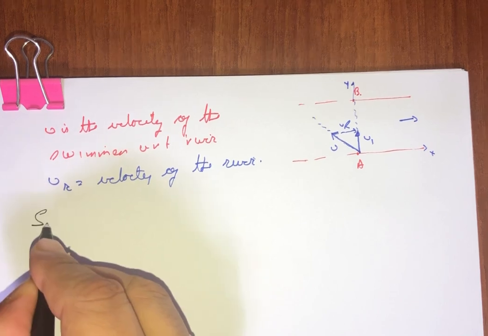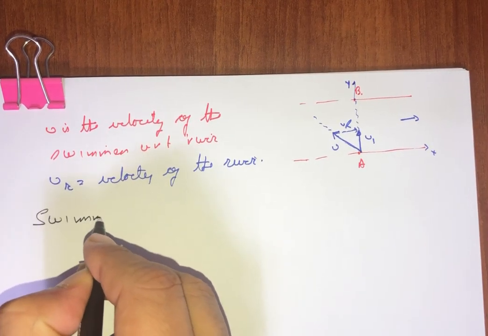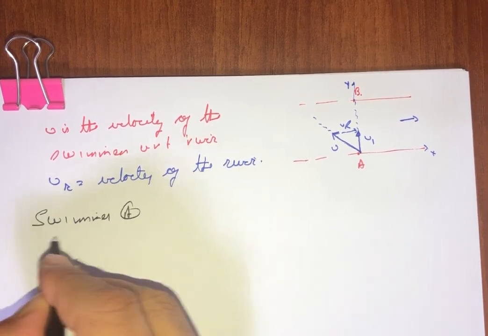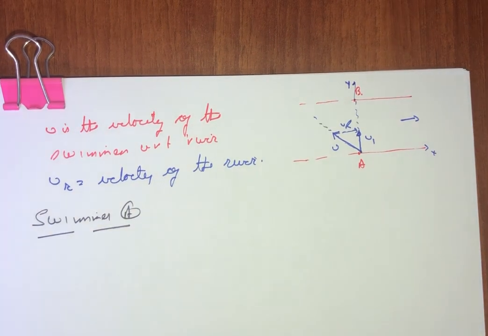Okay, let us call this as swimmer A. So swimmer A crosses the river along a straight line AB.